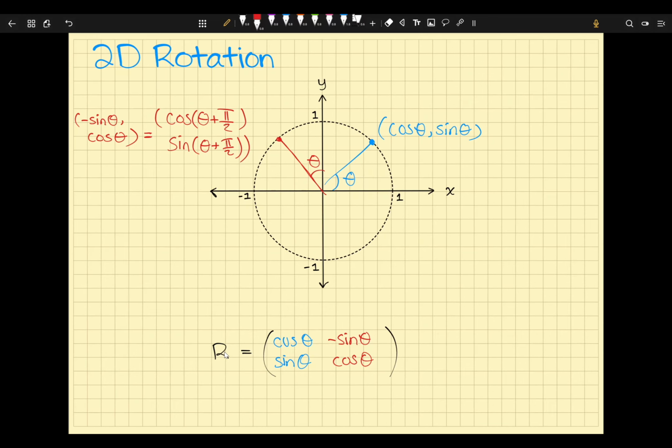All right, so this is how we got a 2D rotation matrix. I see there might be a question. All right, good.